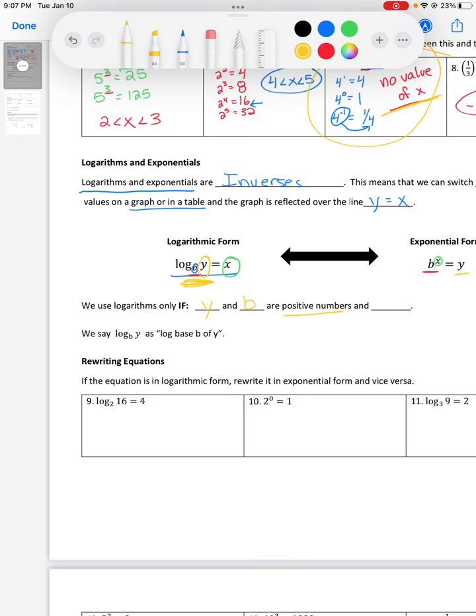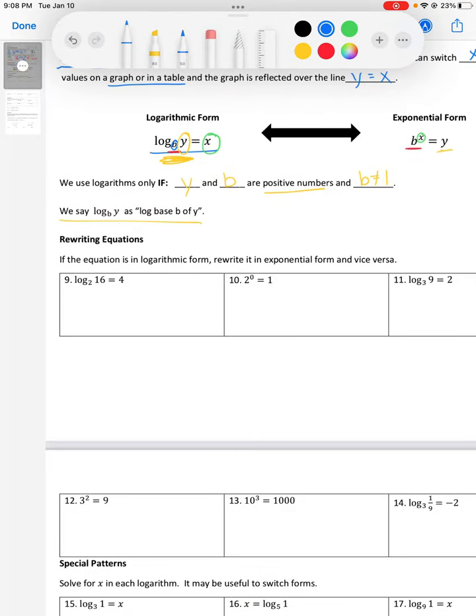You can't have negative numbers. And b also just can't be 1. So our base can't be 1. So again, it's log base b of y. So we're going to practice rewriting our logarithms as exponents and our exponents as logarithms.